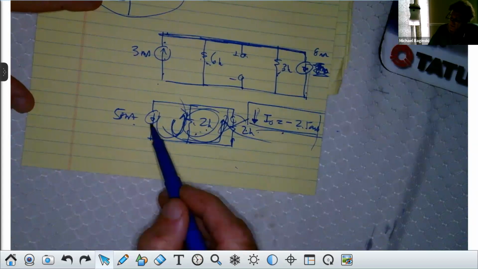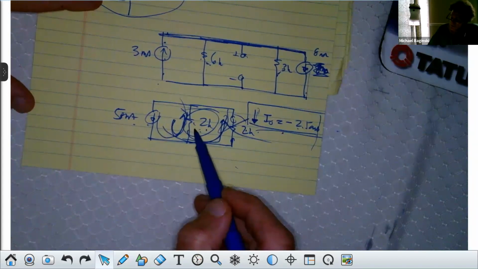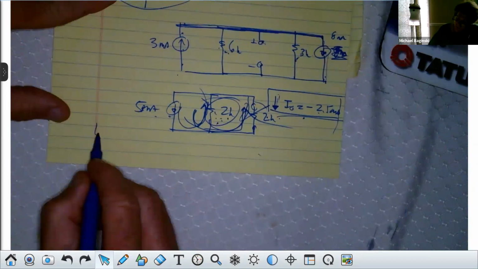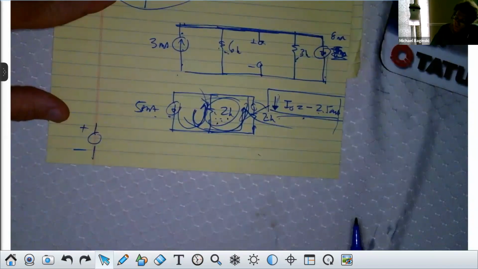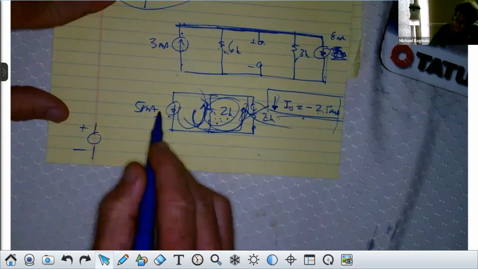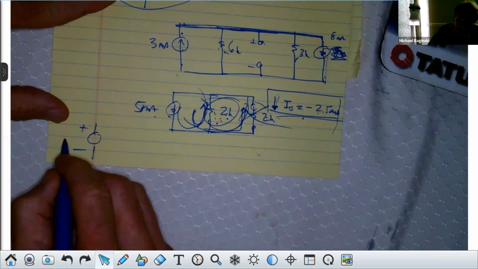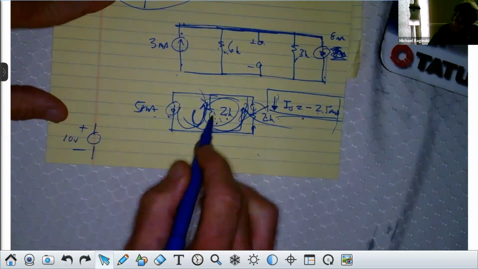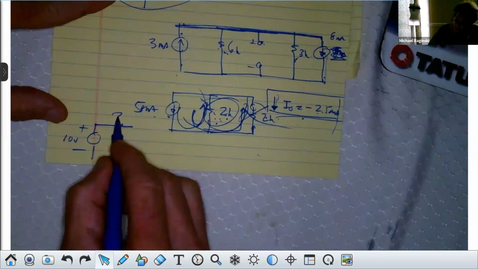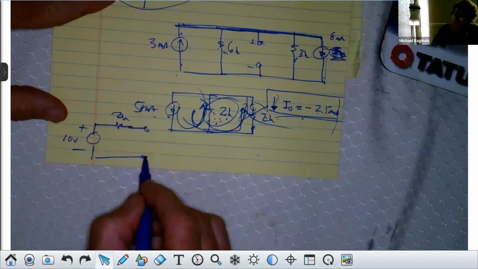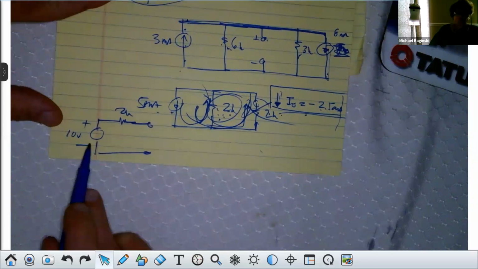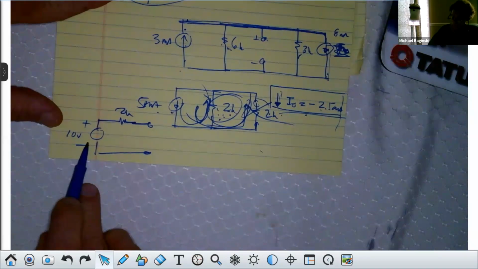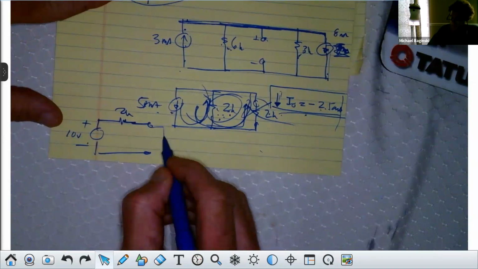I would take this current source in parallel with resistance and turn it into a voltage source of what? This would be your open circuit voltage, 10 volts, right? 5 milliamps times 2K would be 10 volts. And then it would be in series with 2K. That would be your Thevenin equivalent circuit. This would be your open circuit voltage, this would be R Thevenin, and then you would put your load in there.